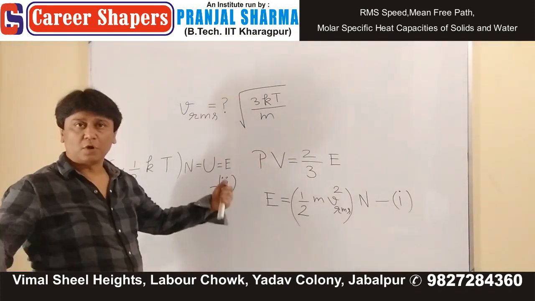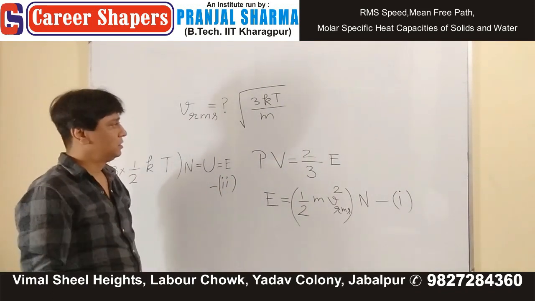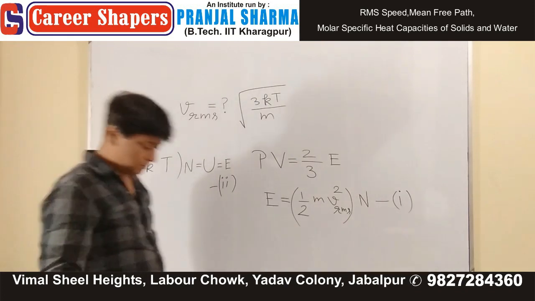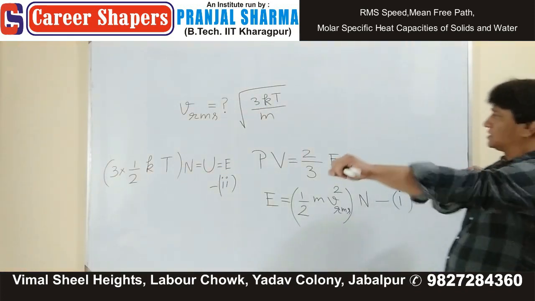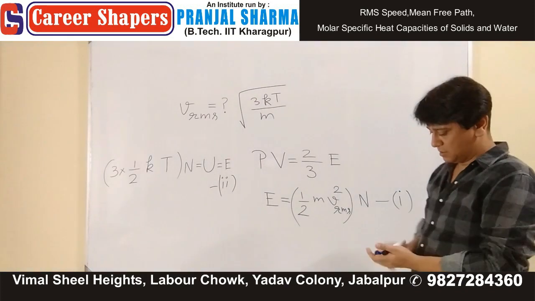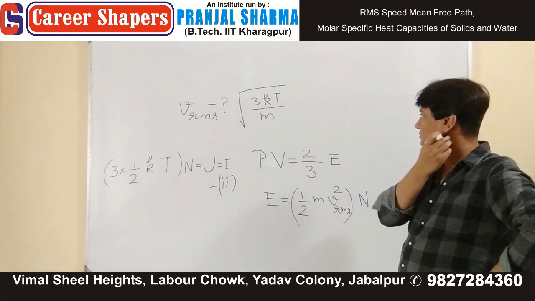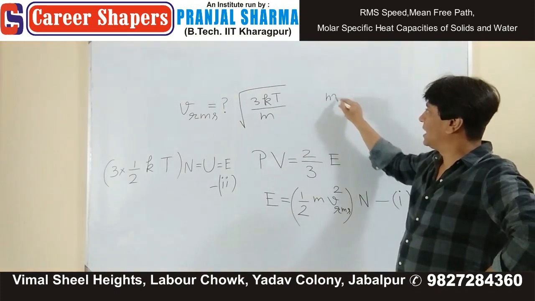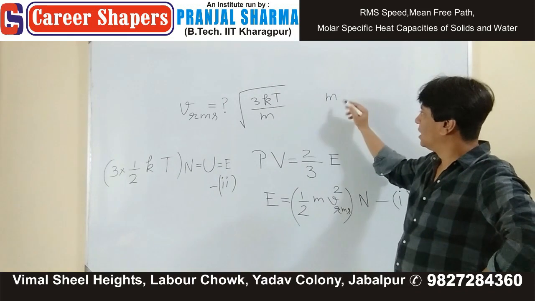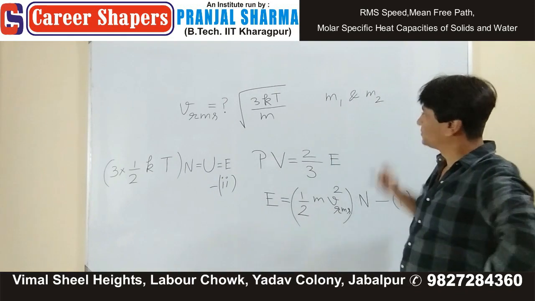They basically do not combine chemically, they don't make any bonds and all. Two non-interacting gases are present such that masses of their atoms are m1 and m2 respectively.